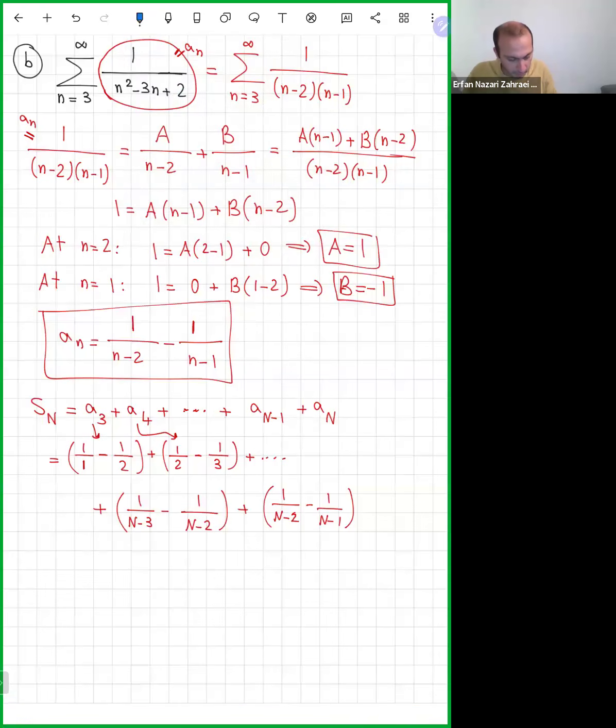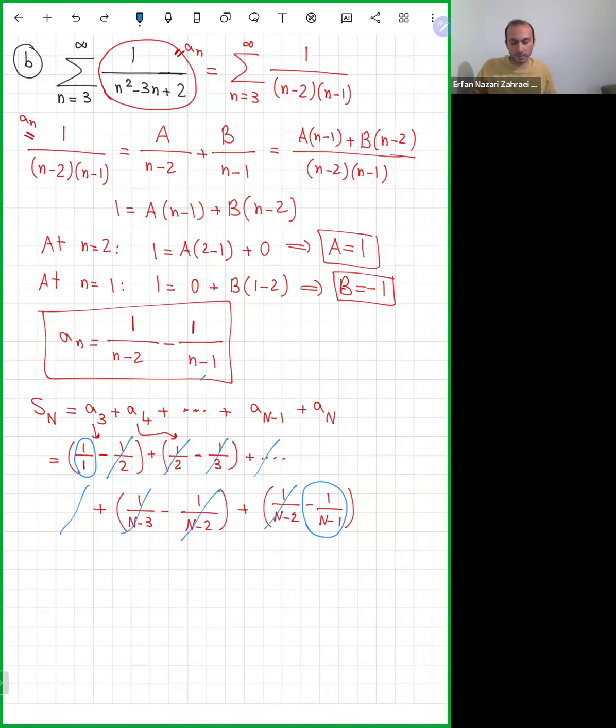Now let me cancel them. Let me use another color to cancel. Negative 1 over 2 and 1 over 2 cancel. Negative 1 over 3 cancels something here that I haven't written. This cancels, this cancels something here that I haven't written. Basically, only this term and this term survive. As I mentioned, always for telescoping series, if the index difference between these two is 1, in the partial sum you get one term from the first term and one term from the last term.